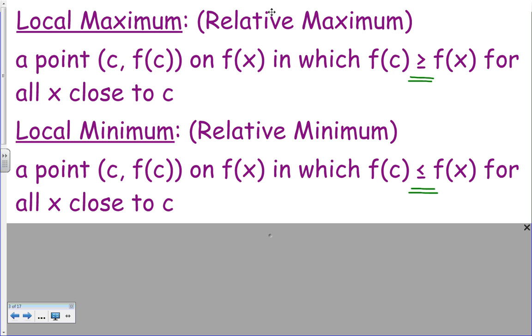So in other words, if I find a point that is lower than or equal to all the other points around it, then I have myself a local minimum. And again, when we say for all x close to c, we're narrowing down or restricting the domain of that function temporarily and saying, let's just focus on this one small region here, and have we found a lowest point in this region, a local minimum.